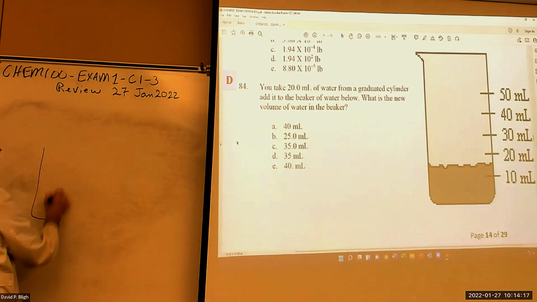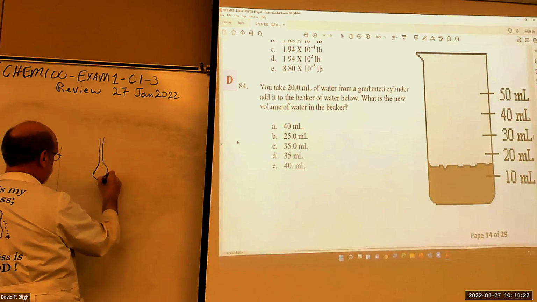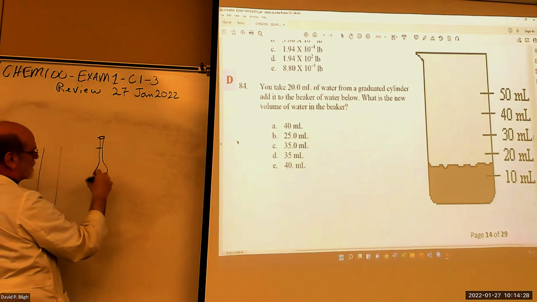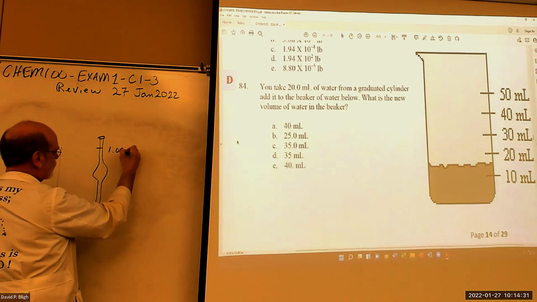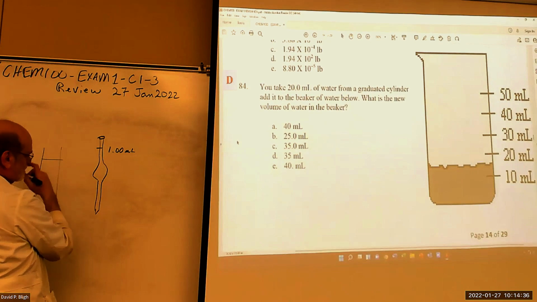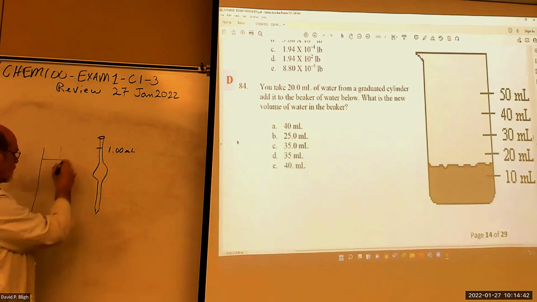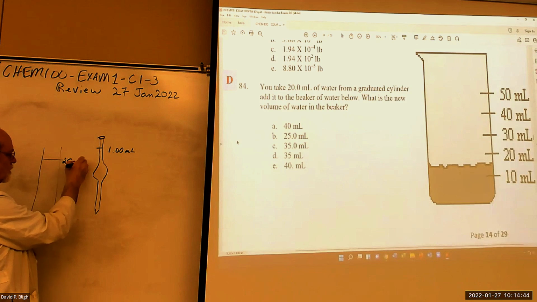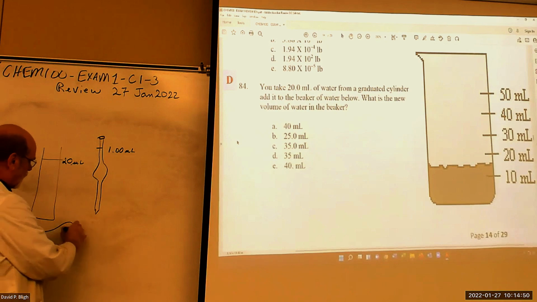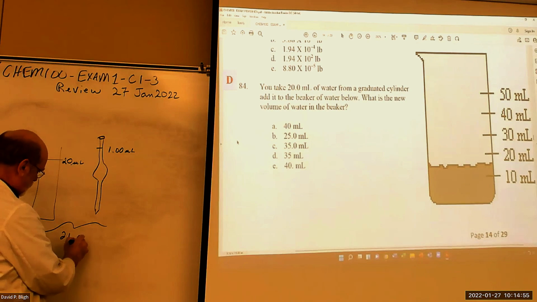So he had a graduated cylinder, and he had a volumetric pipette, which was accurate to, let's say this is 1 milliliter, 1.00. And this graduated cylinder is accurate to maybe 1 milliliter. So he needed 21 milliliters. So he had 20 milliliters here, and he added that one to that one and claimed that his volume was 21.00.